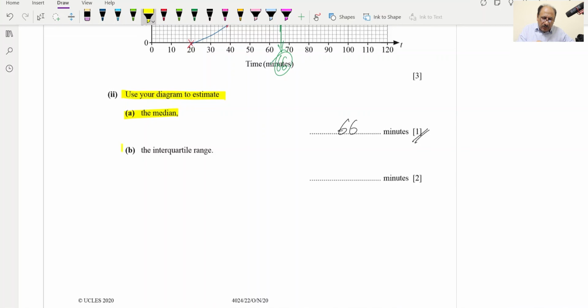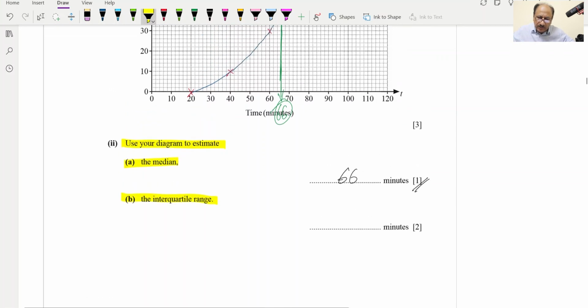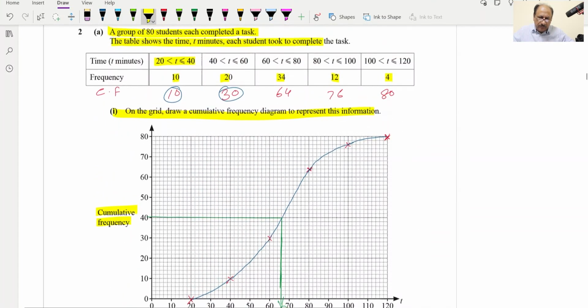Then the requirement is the interquartile range. Interquartile range is upper quartile minus lower quartile. So the upper quartile is the 75th percentile, so 75% of 80 will be what? 25 threes are 75, and 25 fours are 100, and 4 twenties are 80, and this will be equal to 60.